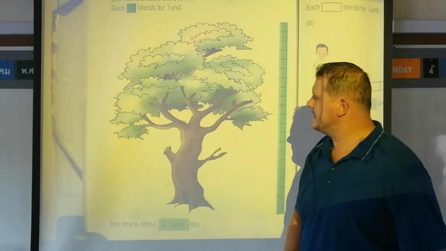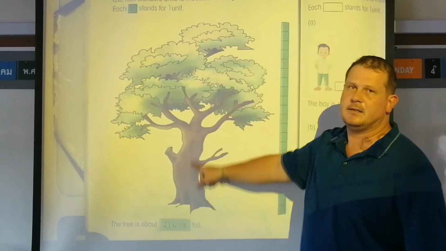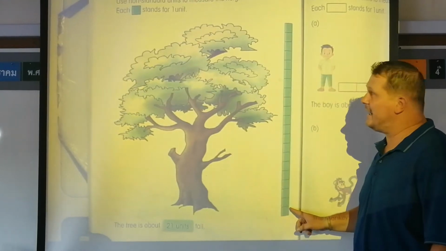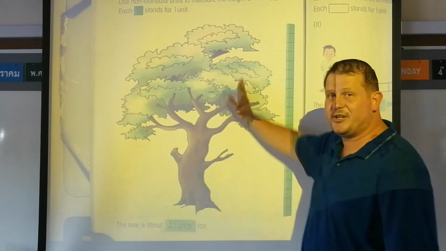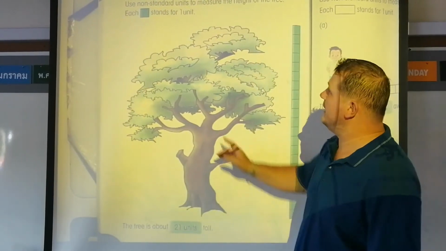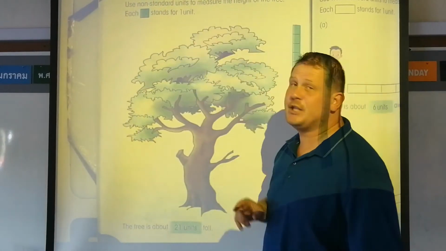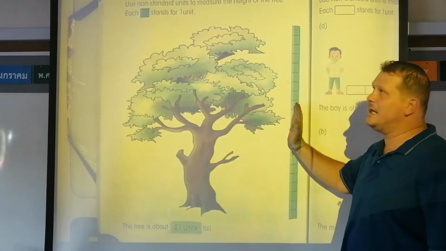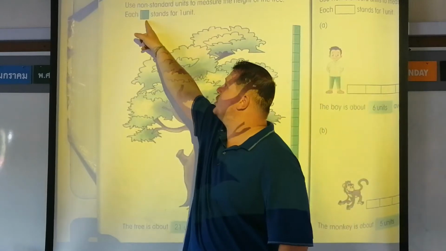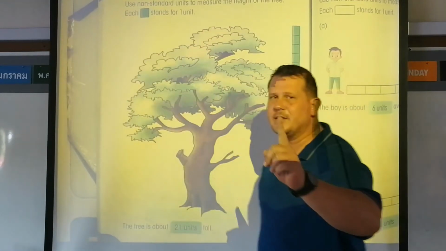You guys can see this. So we have a tree. Now we have different types of units, right? And now remember, we're measuring the vertical height of this tree. Use a non-standard unit. This is a non-standard unit to measure the height of the tree. Each little square, each little block represents 1 unit.